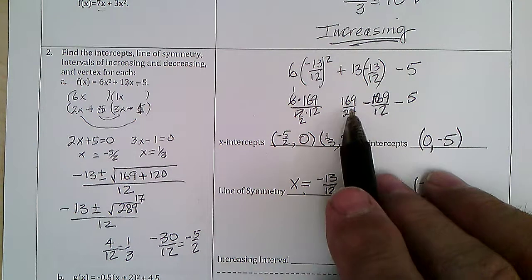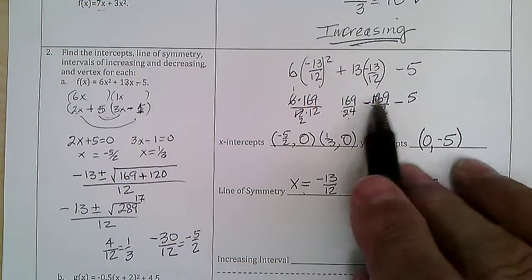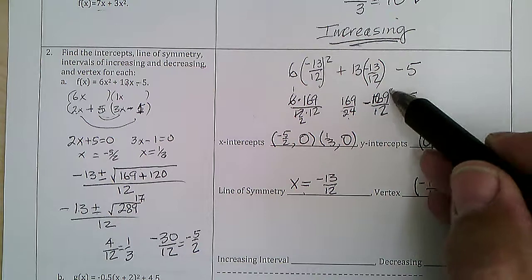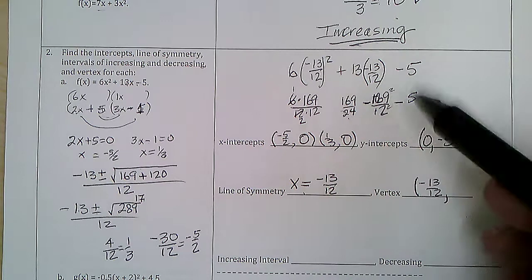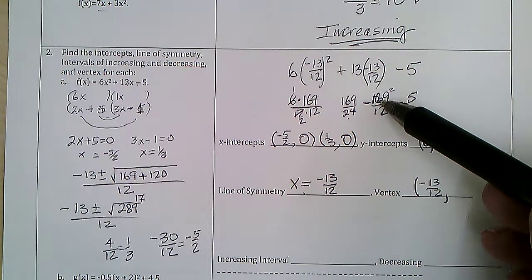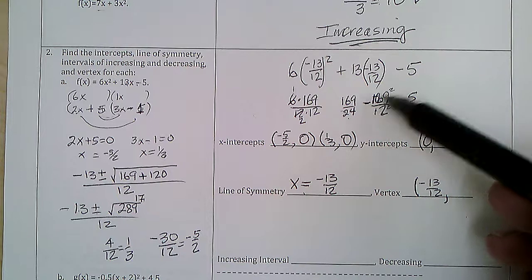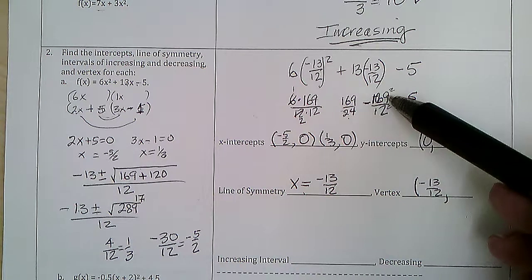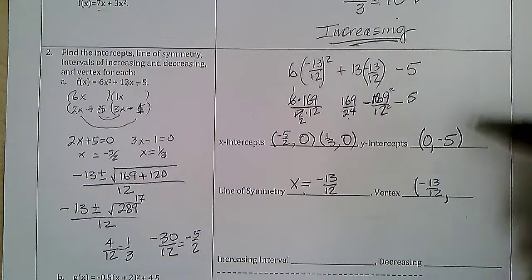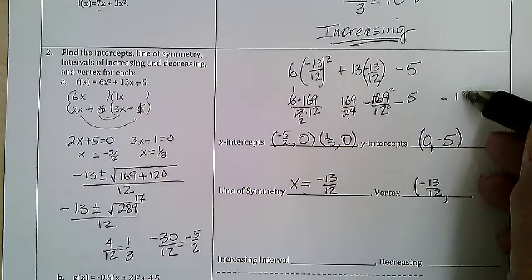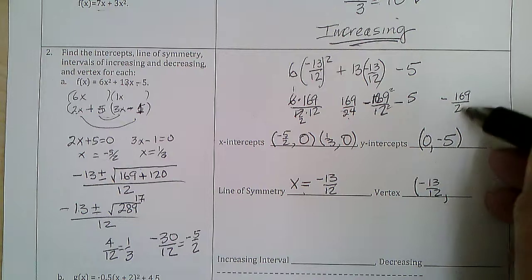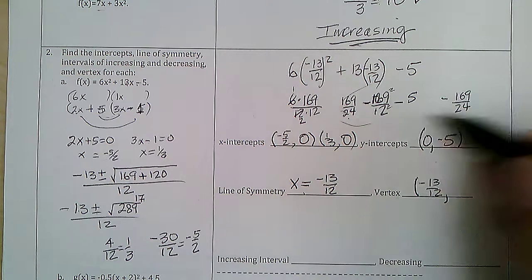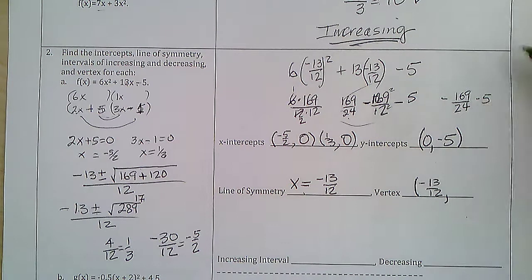So 169/24 from 169/12, so I'd have to double this to get 24, so I have twice as many as 169, taking away from, and taking 169 from 2 169s, and they're negative, so I'm going to have a negative 169 over 24, just putting these two together, minus 5.